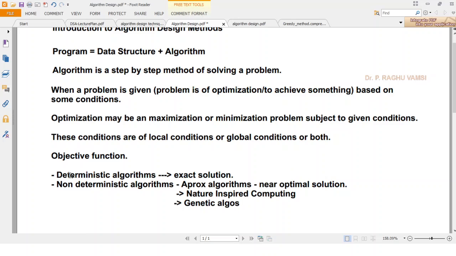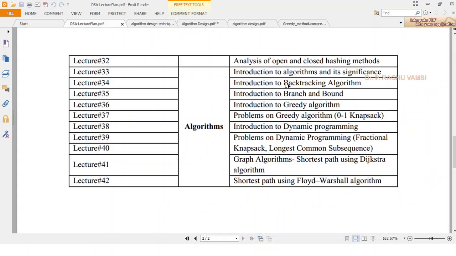I am not going to discuss non-deterministic algorithms, but I am covering the deterministic algorithms, in which, as per our syllabus, backtracking and branch and bound are there. I will start first with the greedy algorithm, because the greedy algorithms are the initial algorithms. Anyhow, the algorithms related to the greedy method have already been discussed by us. So first I will start with the greedy algorithm.